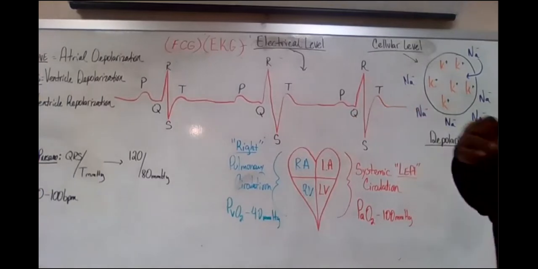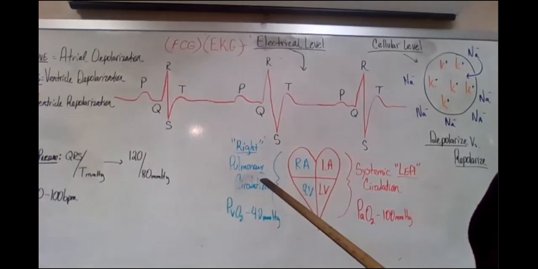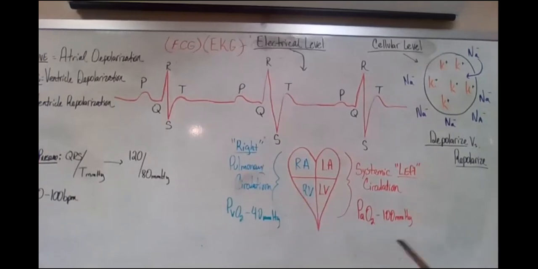That's deoxygenated. On the left side, the PaO2, the pressure of arterial oxygen, is 100 millimeters of mercury. That's the normal. The normal range is from 80 to 100, but 100 is the best, okay? 100 millimeters of mercury.